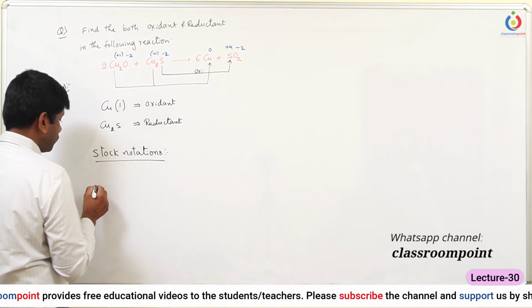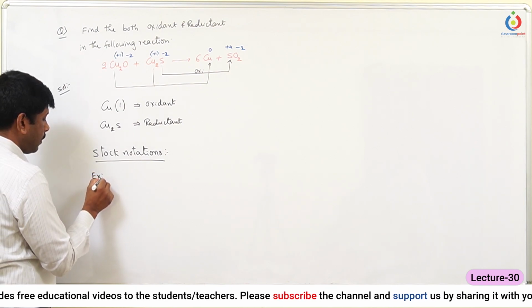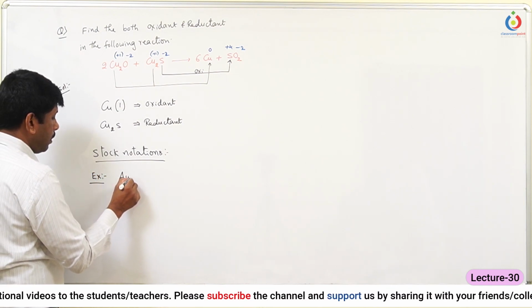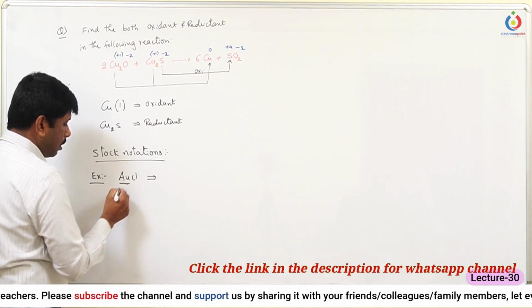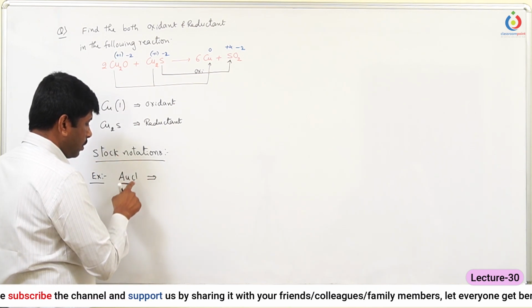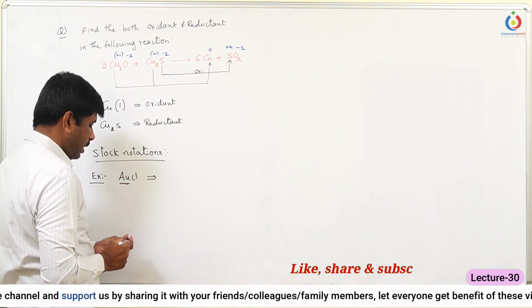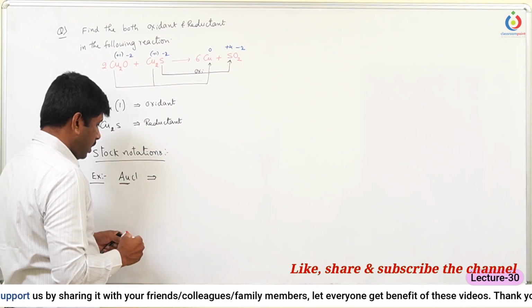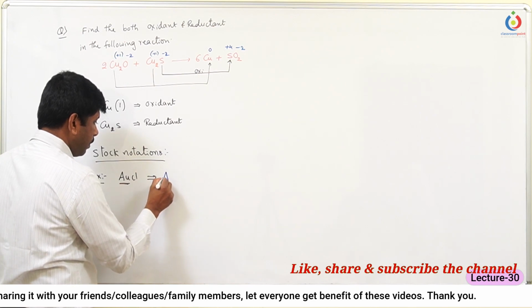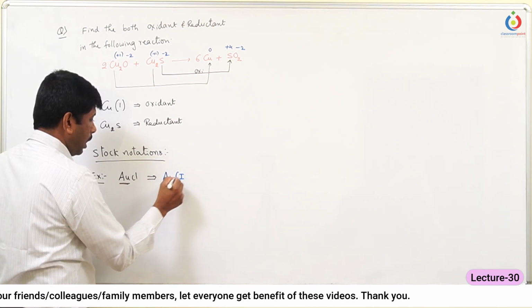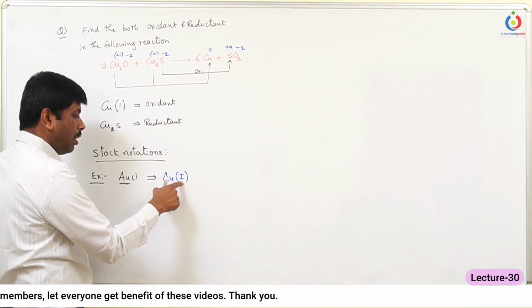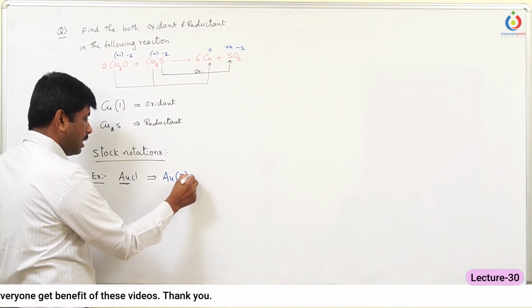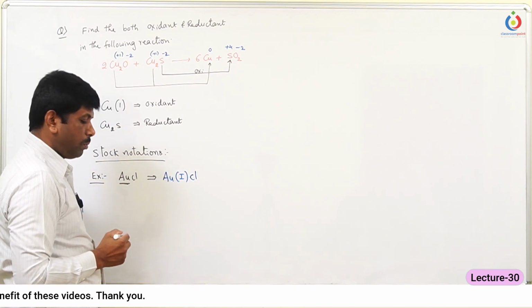Example, AuCl. In AuCl, gold oxidation state is +1, chlorine is -1. That's why here the formula can be written as Au. After the metal, we have to write the oxidation state of the metal in Roman numerals within parentheses, and the remaining formula has to be written.